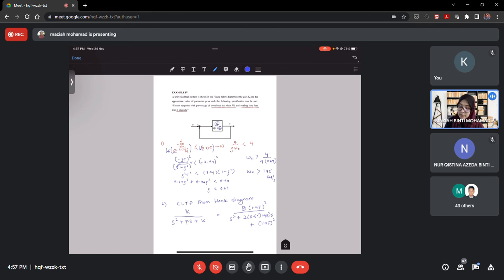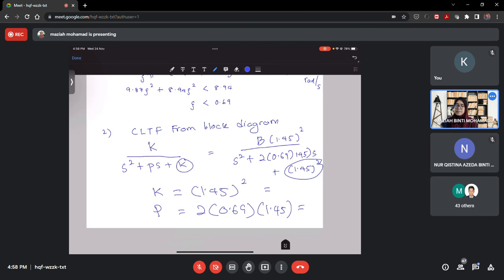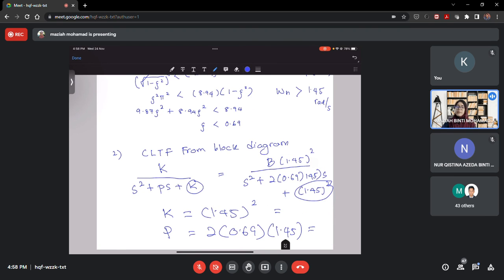Okay, so basically we can determine K is actually 1.45 square. Okay, this part here. And then P is equal to 2 multiplied with 0.69 multiplied with 1.45. So you should be able to calculate for K and P there.